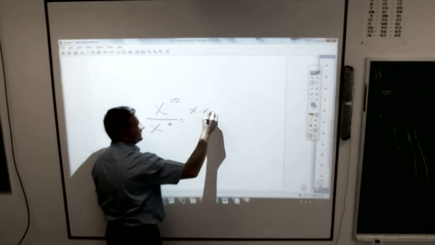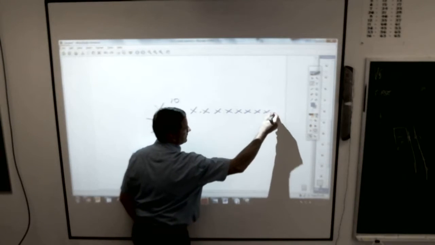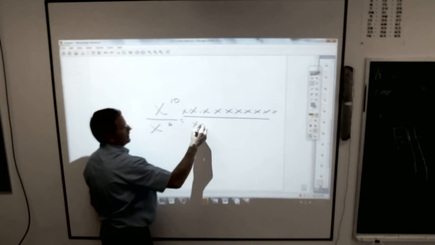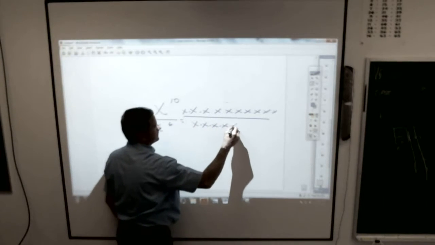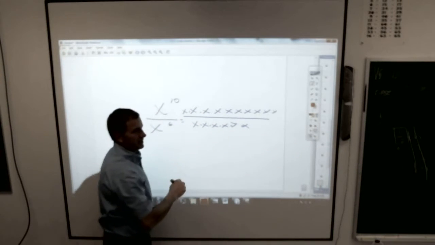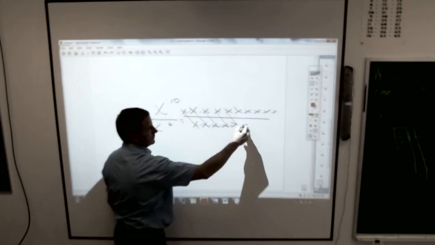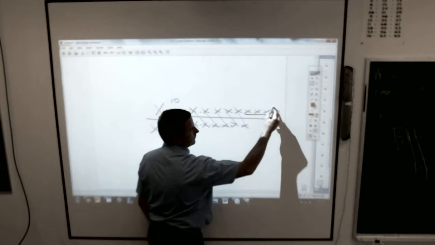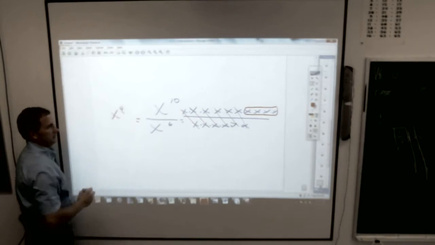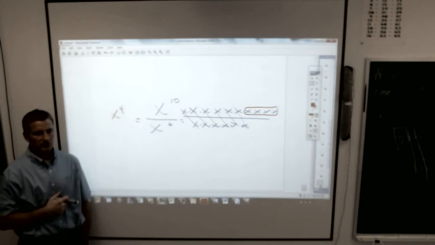You have 10 x's on top, 5, 6, 7, 8, 9, 10. You have 6 x's on bottom. What happens when you have like factors on top and on bottom? They cross off 1 for 1. What are you left with? X to the 4th.